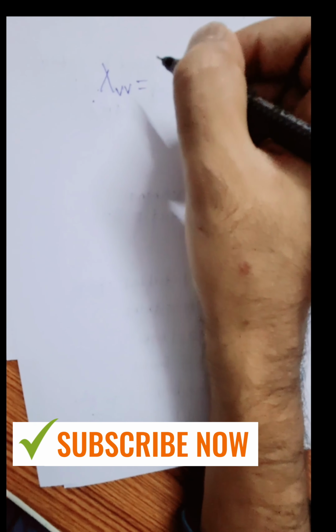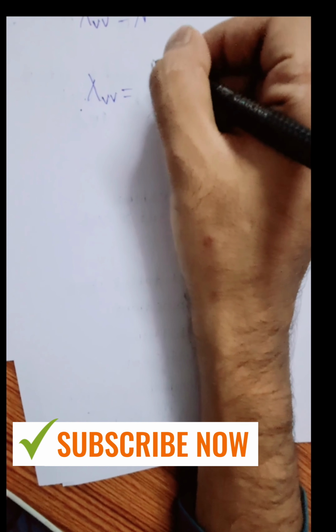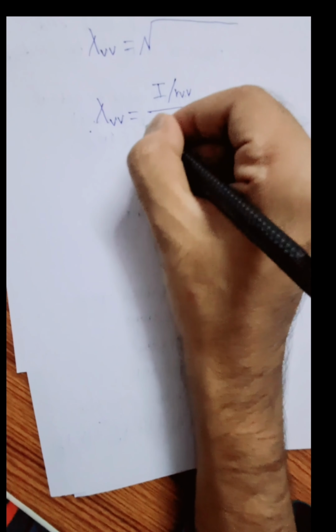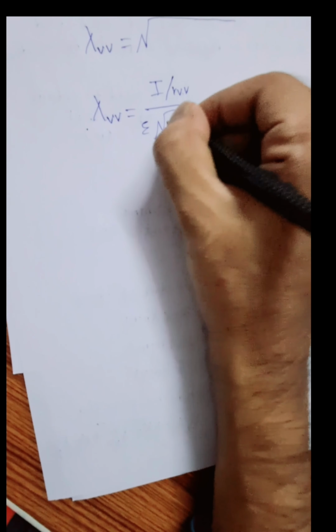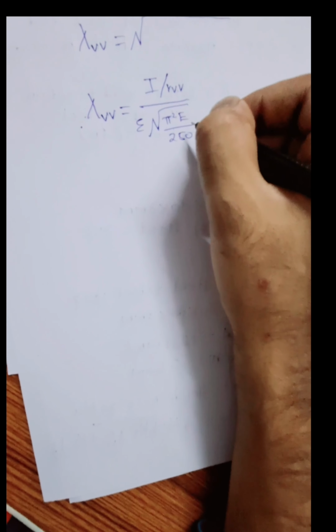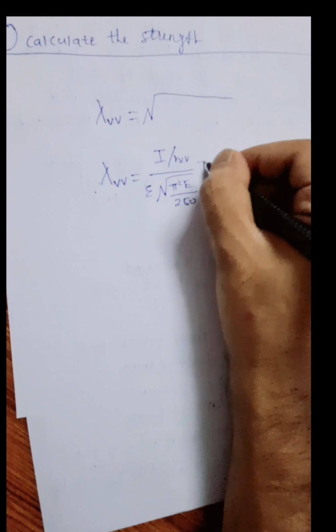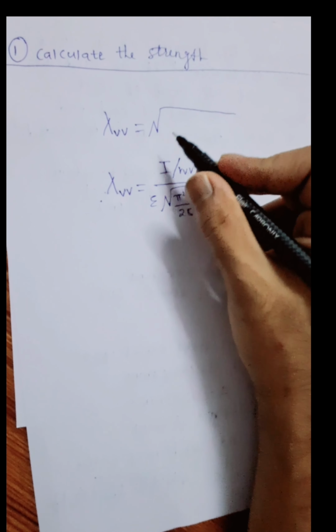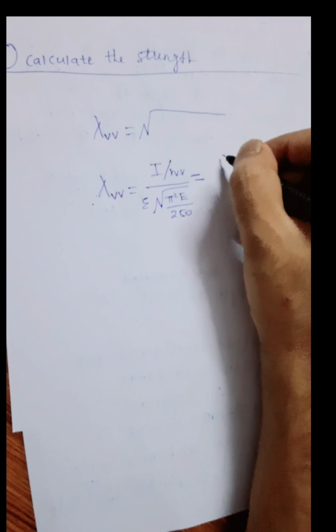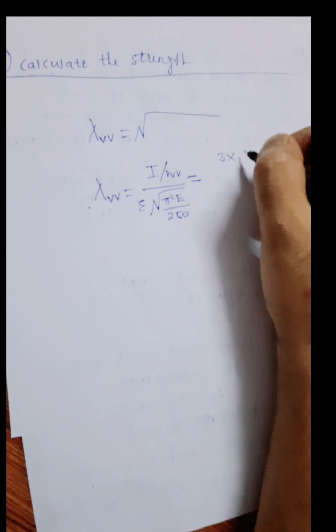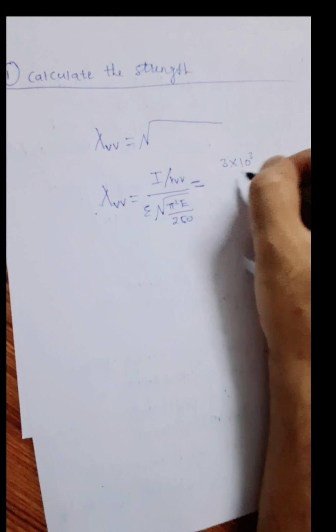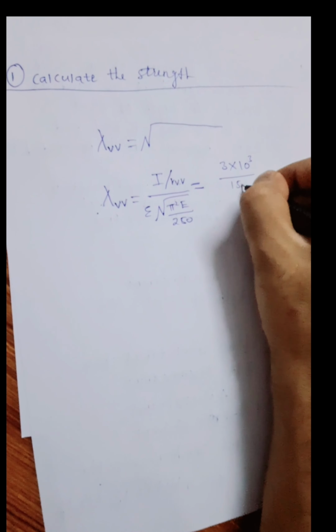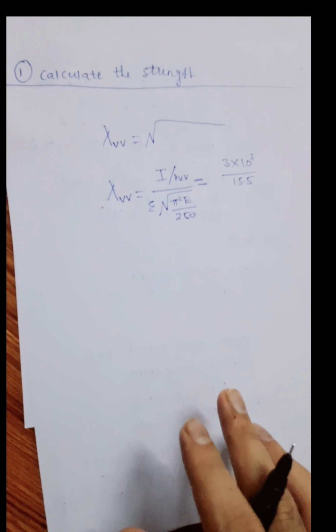Lambda vv is equal to l divided by rvv, divided by epsilon under the root of pi square E divided by 250. Now we have the length, that is the 3 meters mentioned in the question. Just convert it into 3 into 10 power 3 divided by 15.5. Where do we get the 15.5?